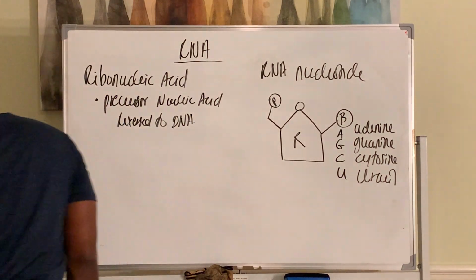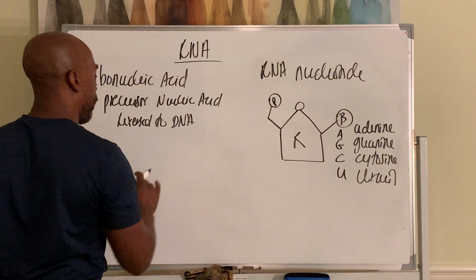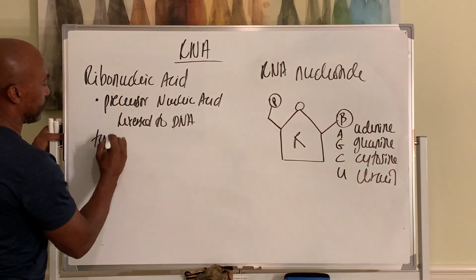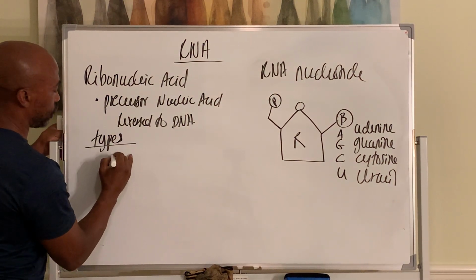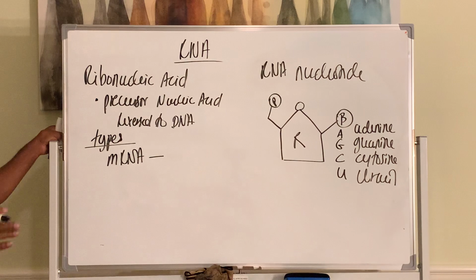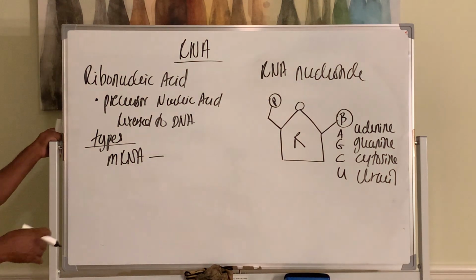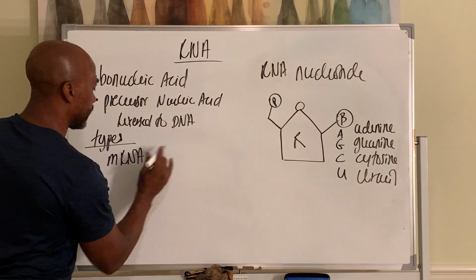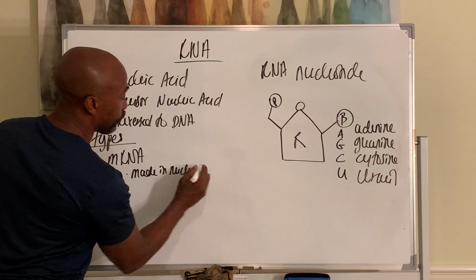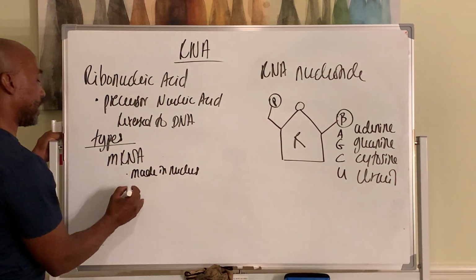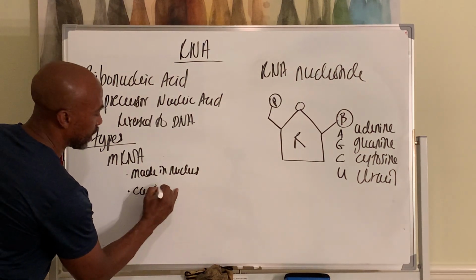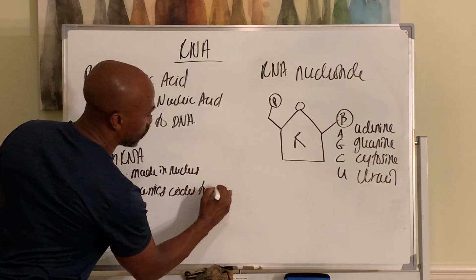Now, back to the types of RNA. You have messenger RNA, mRNA. This form of RNA is made from DNA in the nucleus, and it carries the codes to make proteins.